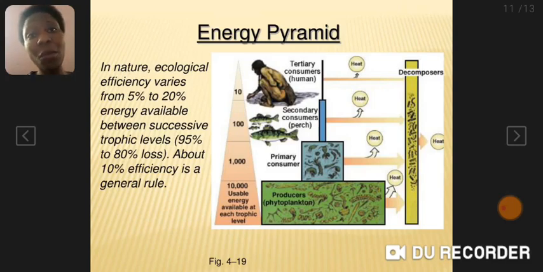The general rule became known as the 10% efficiency. It's a general rule in nature that it can't exceed 20%. Some have even said that it is just 10%, not more than 10%. It can't be more than 10% of energy that will be moved from one trophic level of that food chain to the next trophic level. So what happens to about the 90%?